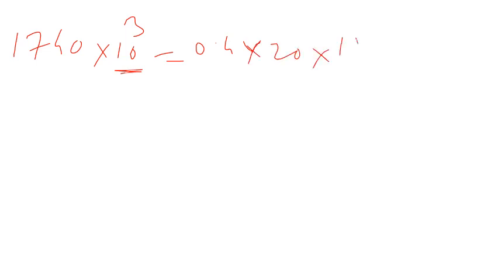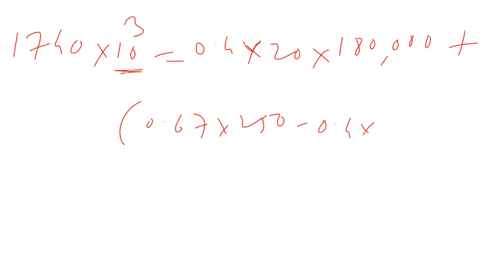So Pu is 1740 ultimate load, make it into Newton, so that's why multiplied by 10 to power 3. 0.4 fck, where fck is 20, and Ag we calculated as 180000, plus the second part, 0.67 fy where fy is 250, minus 0.4 into 20, and we have to find out the area of steel to resist the given load.